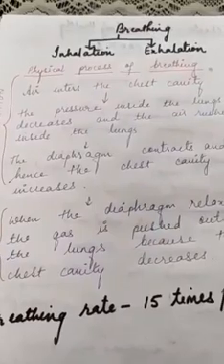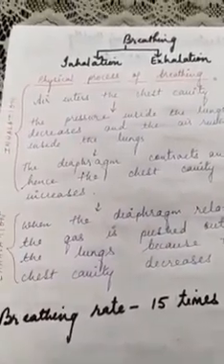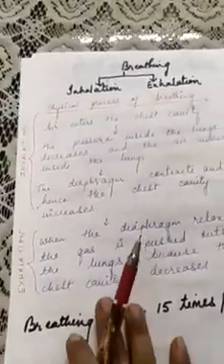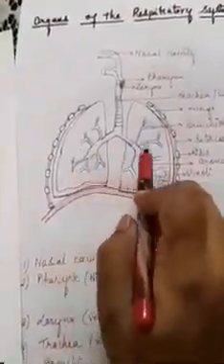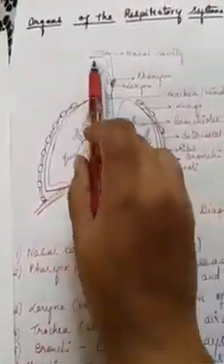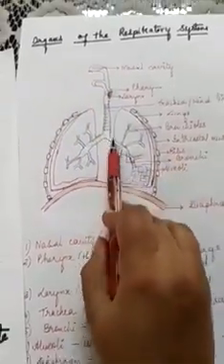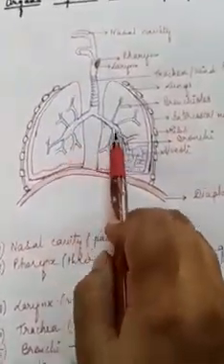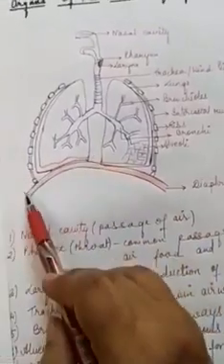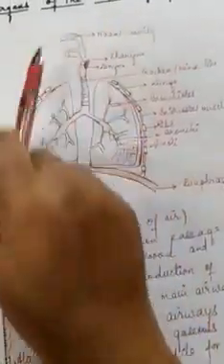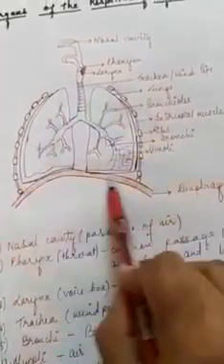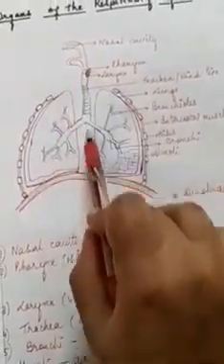The air enters the chest cavity and as and when the pressure inside the lungs decreases, the air from outside enters the lungs. Then the diaphragm contracts and goes down, so the area inside the chest cavity increases and the air is pushed in.